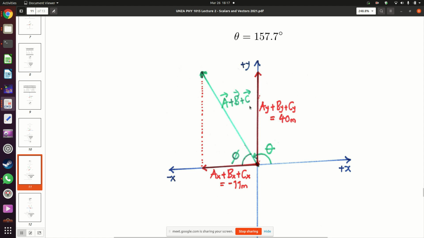You shift the y component to this dotted line, so you go down along the x-axis, then up along the y-axis, and you end up at that particular point. That point is the same as moving along this green line and ending up at that point. This green line represents the vector A plus B plus C. It is located in the second quadrant. Are we clear?